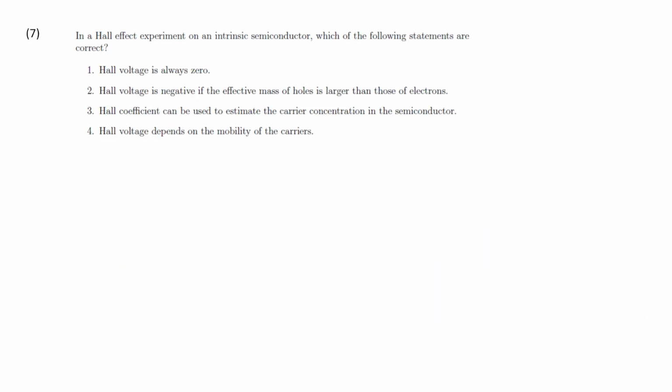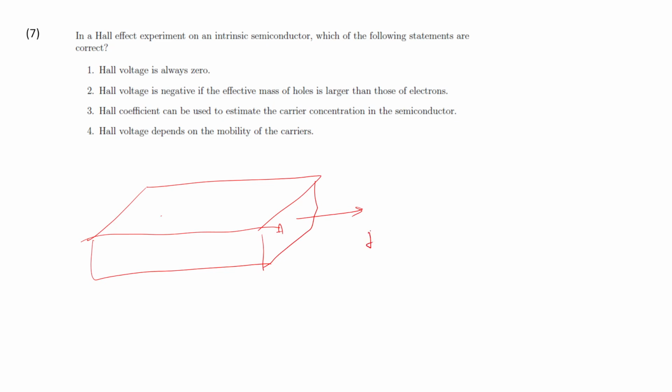In a Hall effect experiment on an intrinsic semiconductor, which of the following statements are correct? The Hall voltage is always 0. So here, let us revise what a Hall effect experiment is. In the Hall effect experiment, you have a conductor with some cross section area A, and you try to inject some current density J. That J is equal to I over A, where A is the cross section area and I is the current.